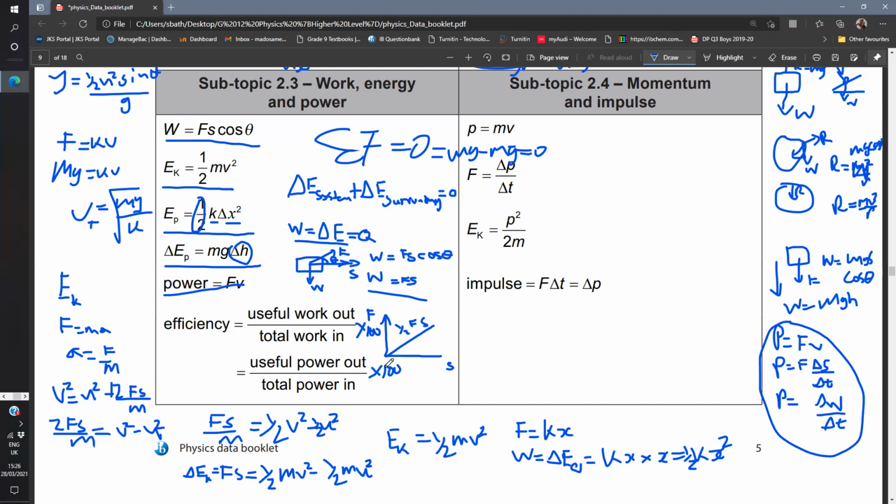Next, we move on to topic 2.4, which is momentum and impulse. So fundamentally, this is the formula for momentum. And this is the formula for the force created and the momentum. And there's actually a way to derive that. Yes, F is equal to ma.